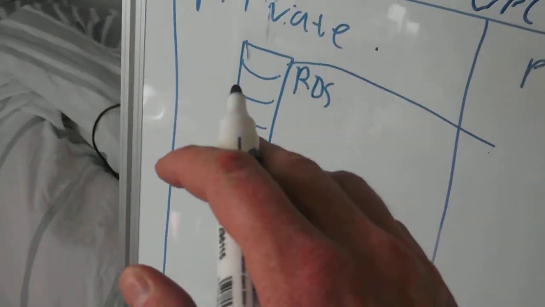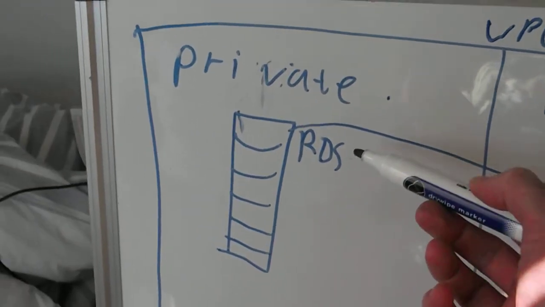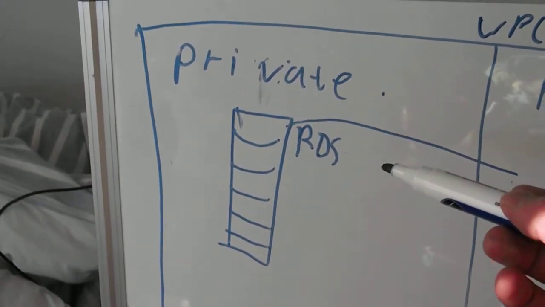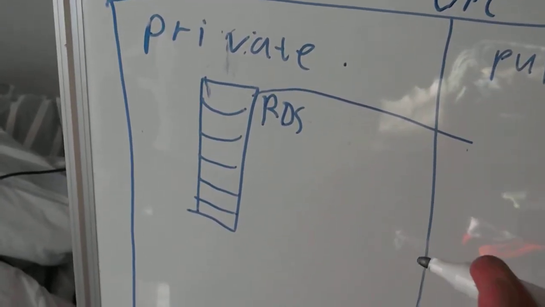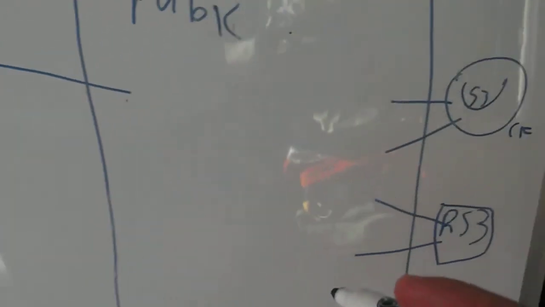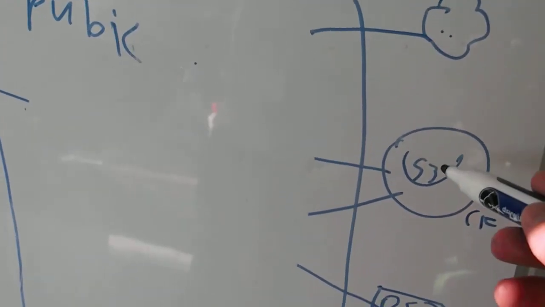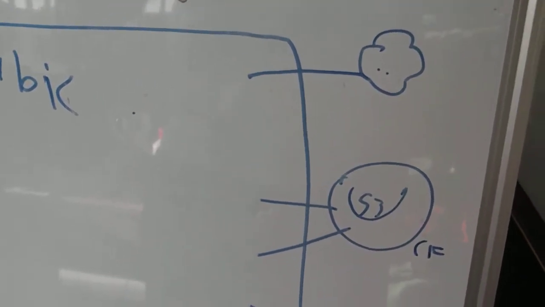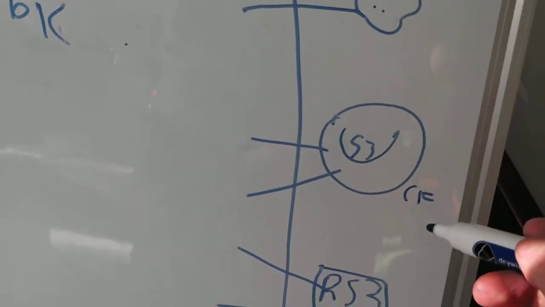Then in the private subnet, we're going to have an RDS instance. That stands for Relational Database Service, and that is a managed database. You don't get access to the underlying instance, which is essentially a server, but you do get access to the database itself. Then we're going to have S3, which is essentially cloud storage, and we're going to put that behind something called CloudFront.